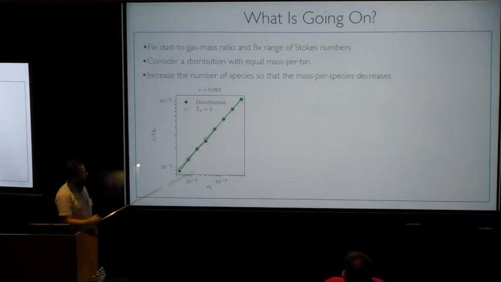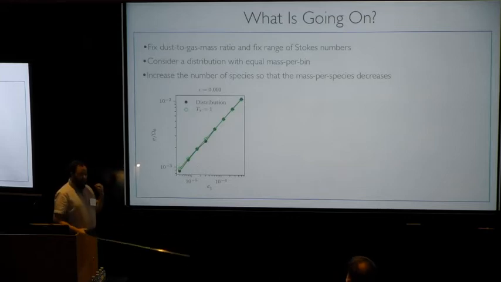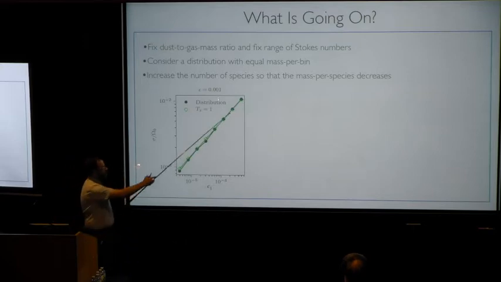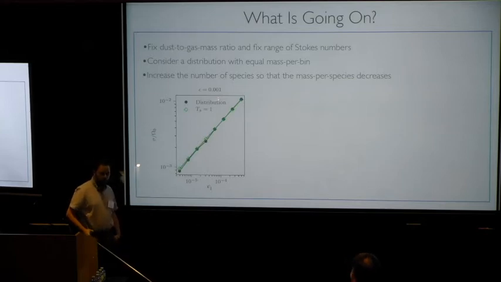And in green, for comparison, is the result that we obtain when we consider the particle species with just Stokes number unity, which happens to be the one that, if considered in isolation, would grow the fastest in the range that we are considering. And the two results lie on top of each other.